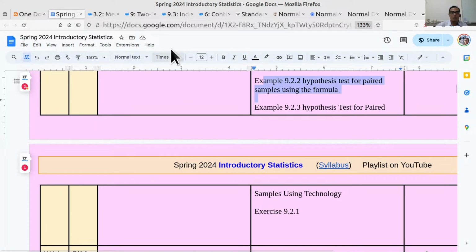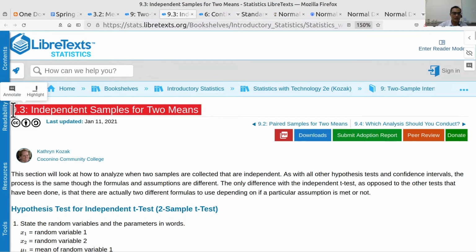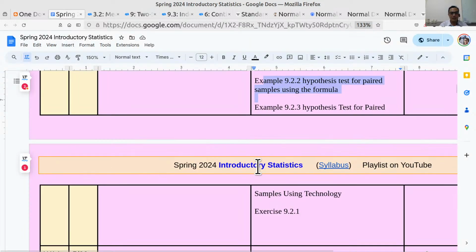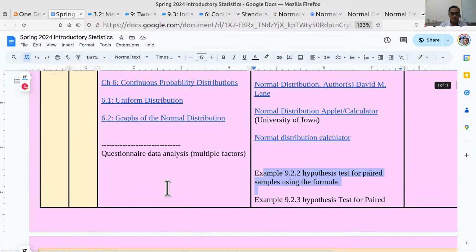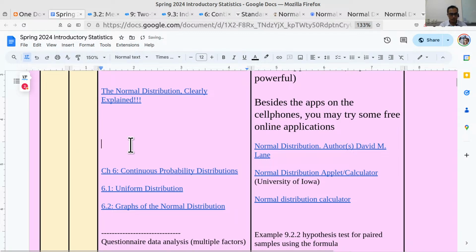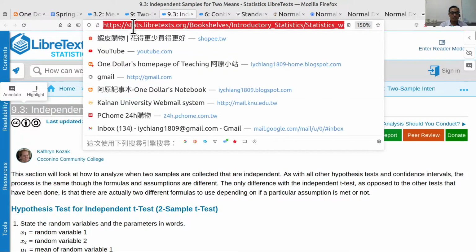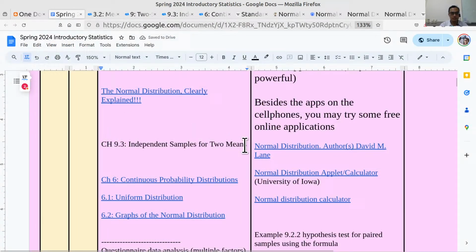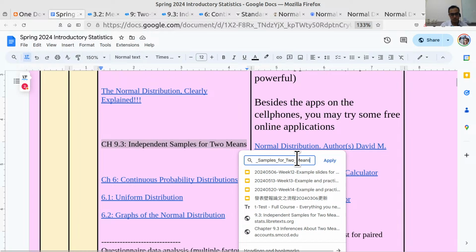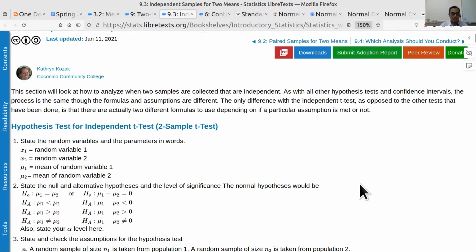So now we can go to our textbook, 9.3. Okay, I think 9.3 is better here.